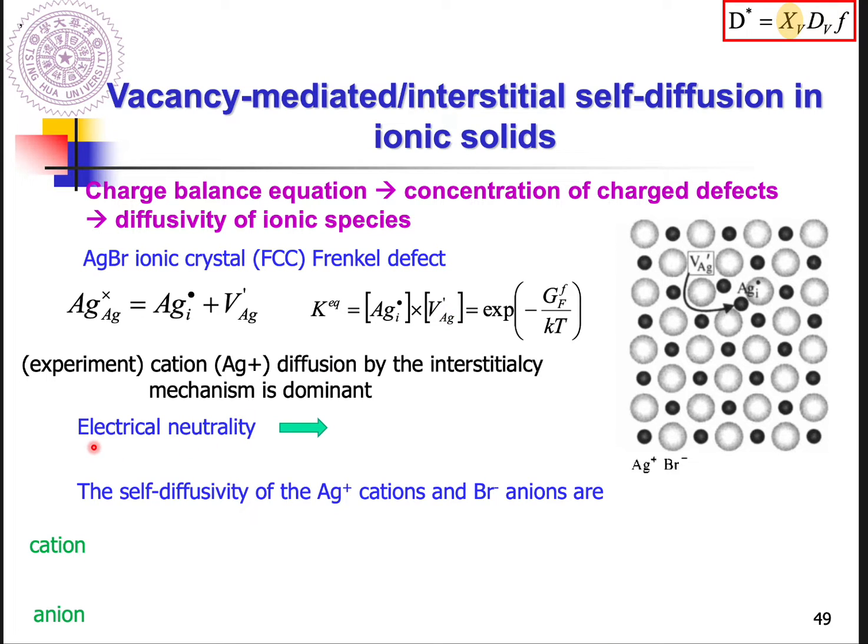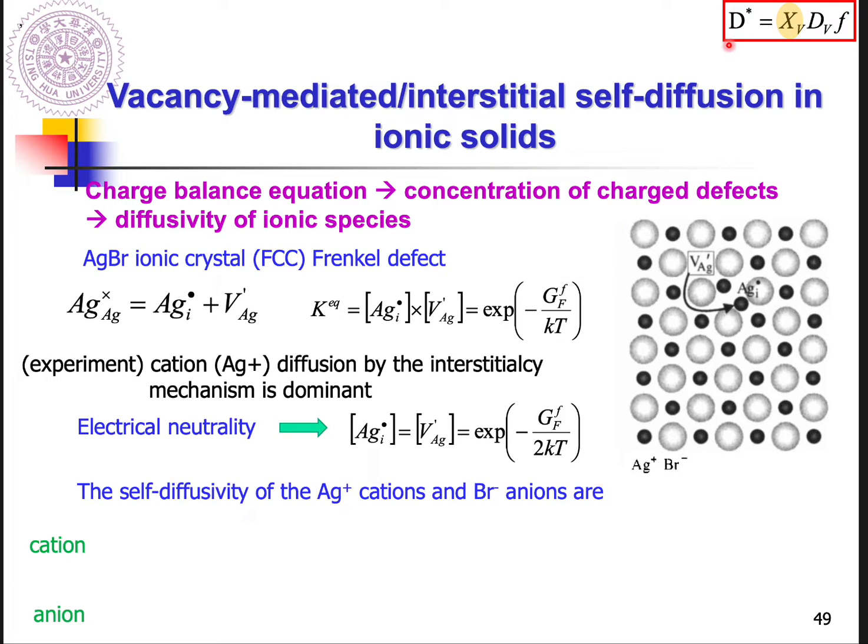To reach electrical neutrality, these two are equal, so you get the atomic fraction of silver at interstitial sites equals the vacancy fraction at silver sites, which equals exponential of minus the Frenkel defect formation energy divided by 2kT, because if this one equals this one, then you get this squared. So the atomic fractions are the same, and you get these results.